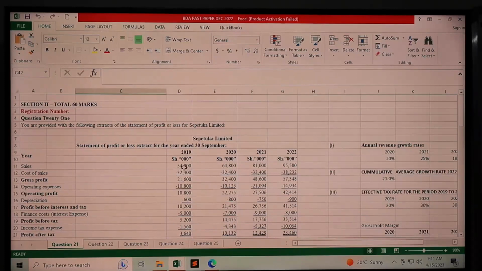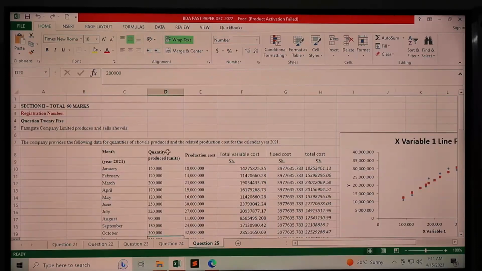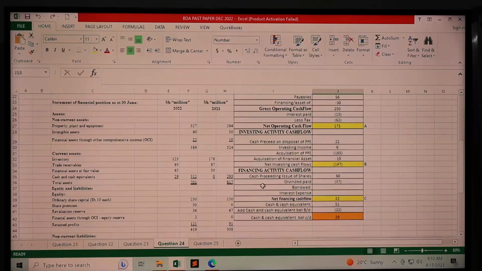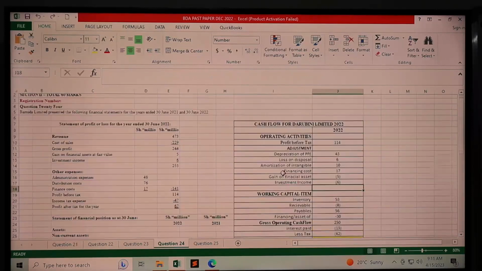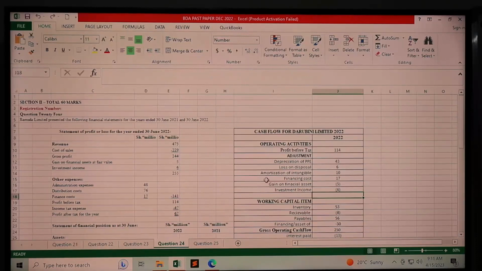If you have been following these classes from the beginning, we did solve some of these problems when we were discussing integration and when we were discussing cash flow. Someone was asking about the videos of the cash flow.